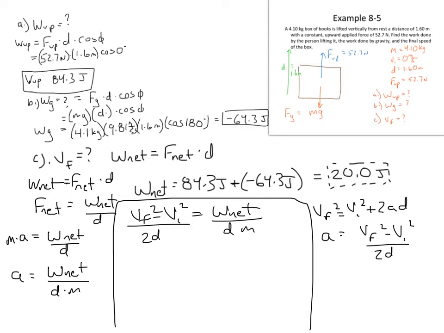Well, that d is going to go away. And we're going to have to multiply up our 2 and bring it over to this side, and then add our v initial squared over to that side.